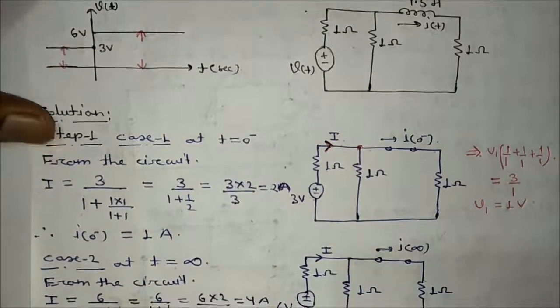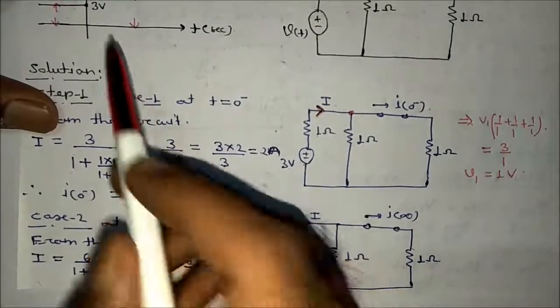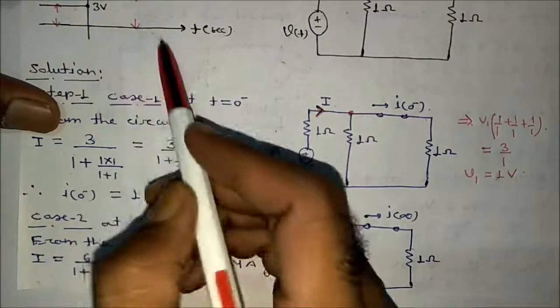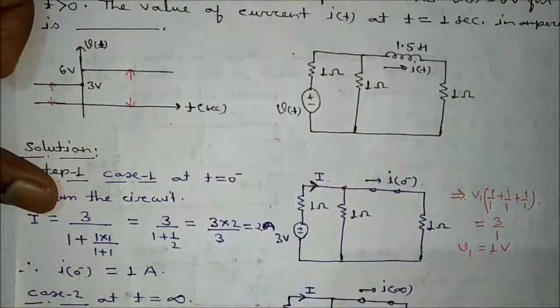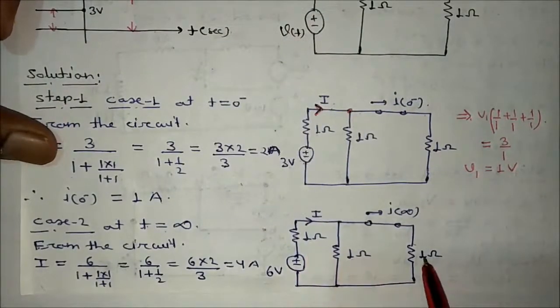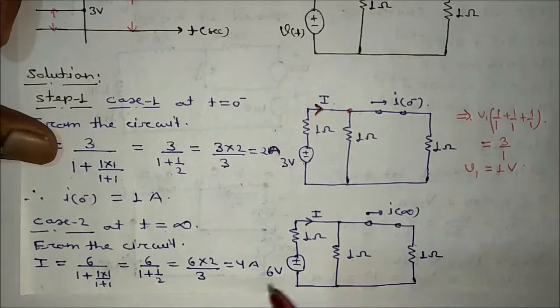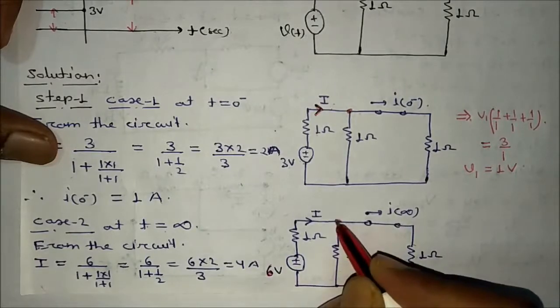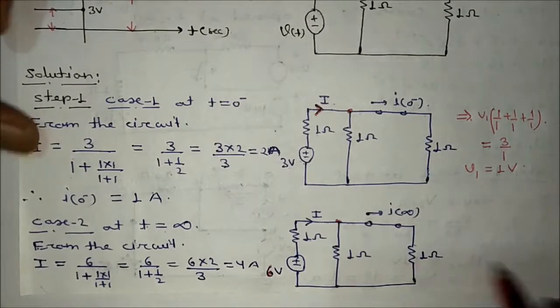The next point is, at t equal to infinity, what will happen? At t equal to infinity, the voltage value is 6 volt, this is 1, this is 1, this is 1, and you will get the same thing again. Write nodal here, you will get the value of V1, and V1 divided by 1 gives the value of i(infinity).